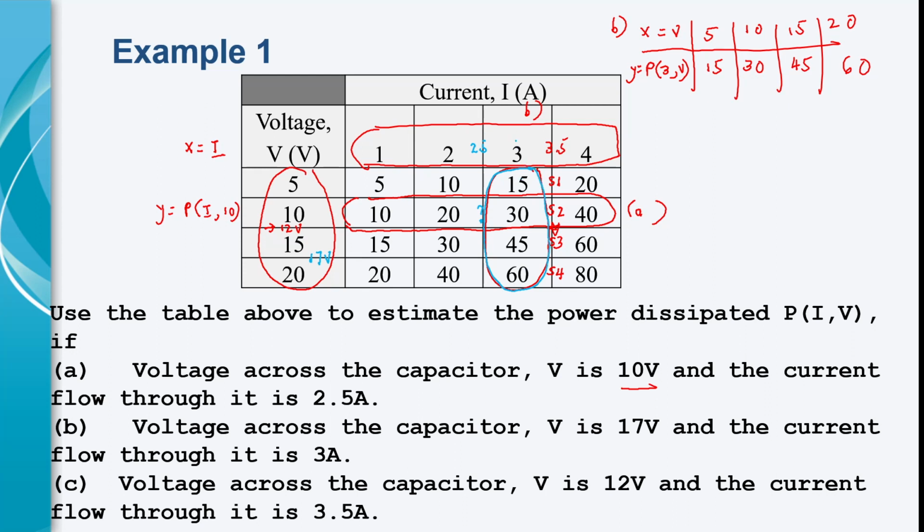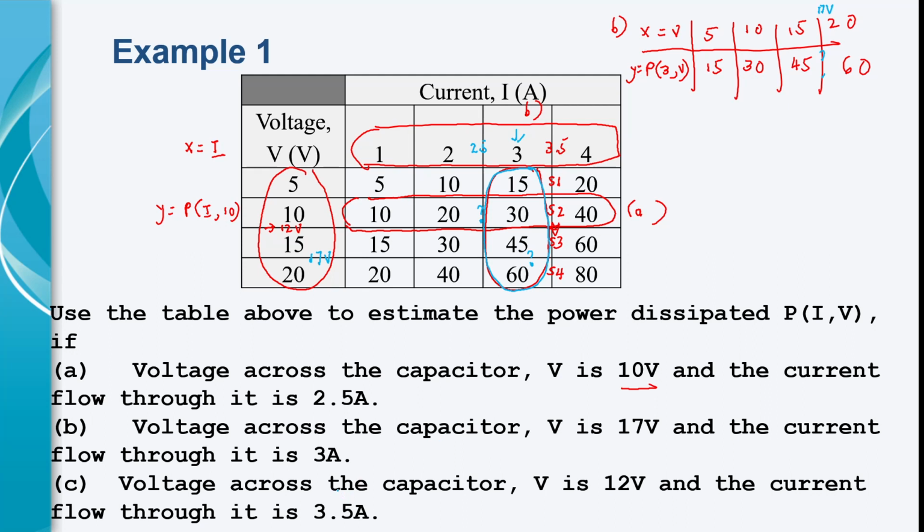Current I is fixed at 3, the voltage varies as 5, 10, 15, 20, so voltage is the X here. We are going to estimate the power when the voltage is 17, and the value should be between 15 and 20. A and B are still simple interpolation.